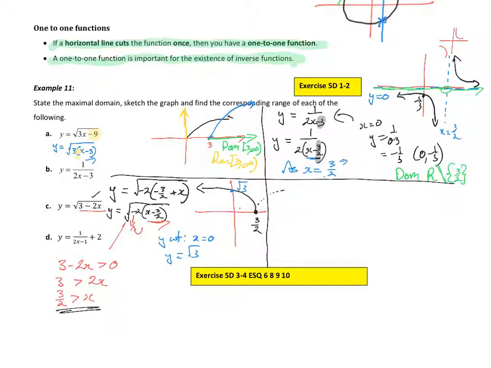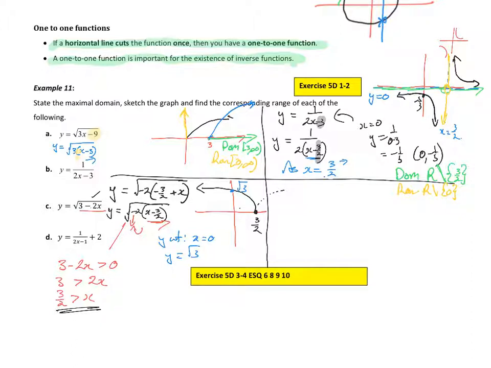And if I do the same thing here, my range is the y values, everything except for that value there, which is at y equal to 0. So the range is all the values except for 0.